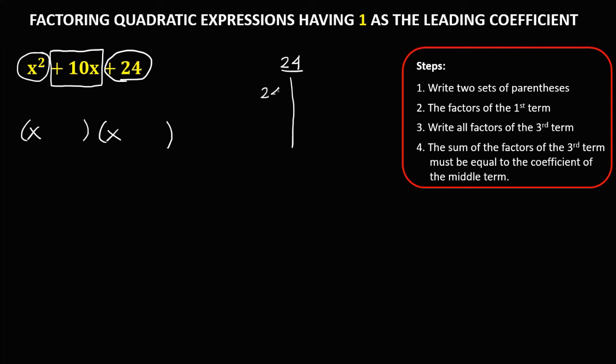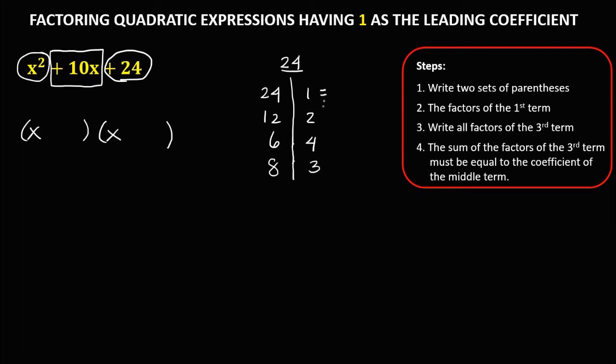So we have 24 times 1, then 12 times 2, then 6 times 4, and 8 times 3. So these are the factors of positive 24.